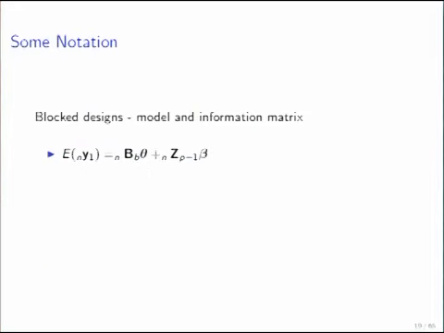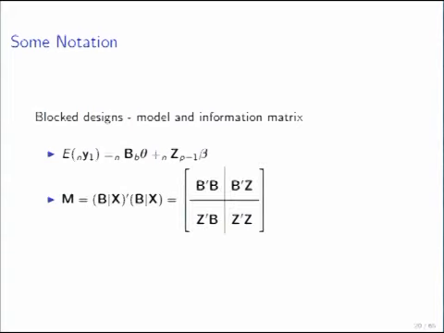For the block design, we use the same idea. So in this part, I have the part of the model related to the factors, and here for the blocking factors.